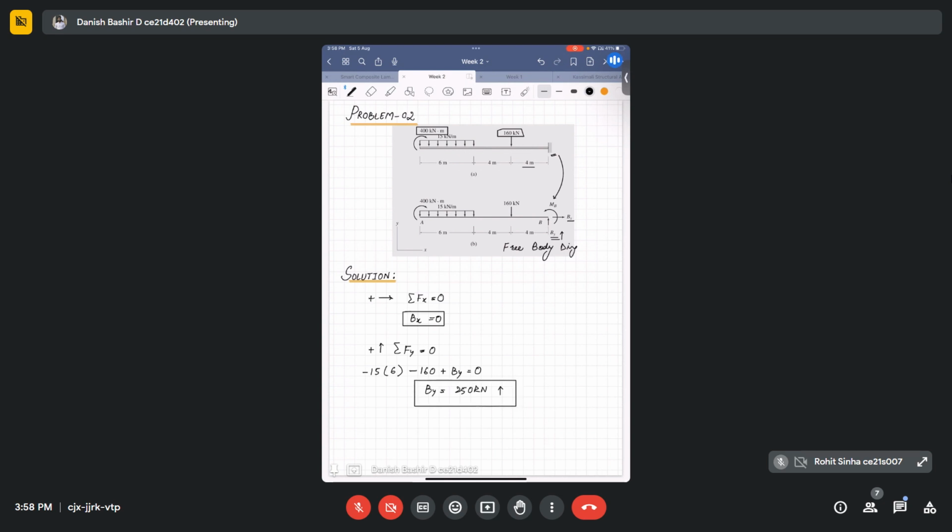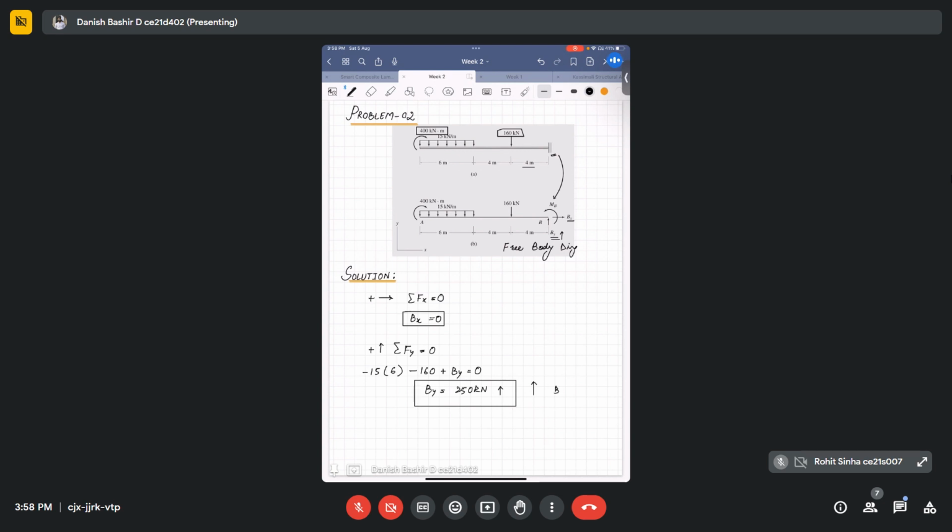So you need not worry if By came out to be minus 250 kilonewton. What is behind this is that the assumed direction of By is opposite. If By came out as minus 250 kilonewton, we assumed it to be acting upwards, so you just have to reverse the direction.